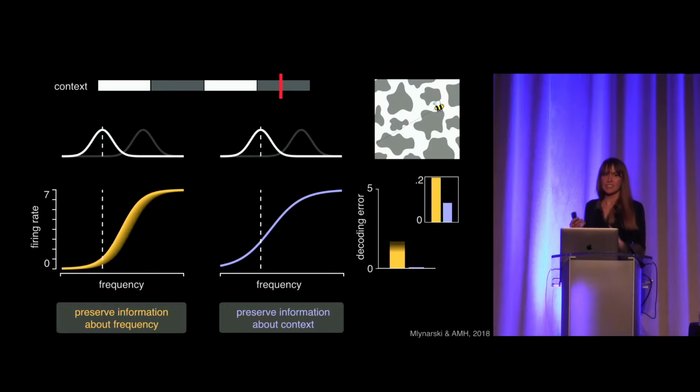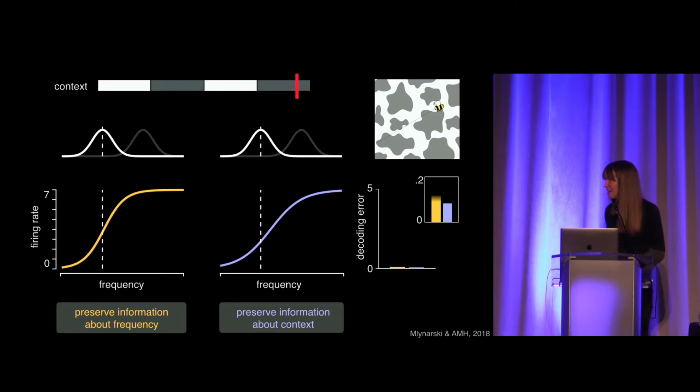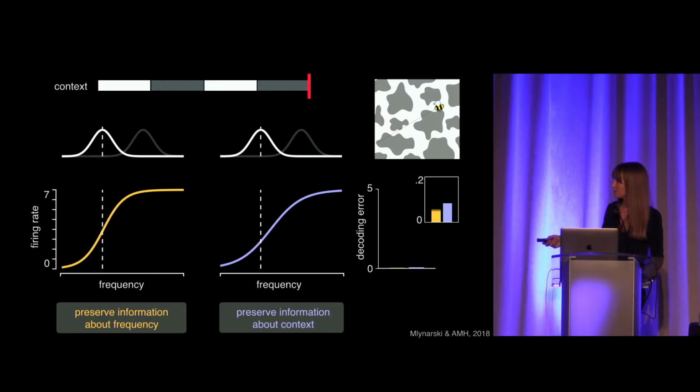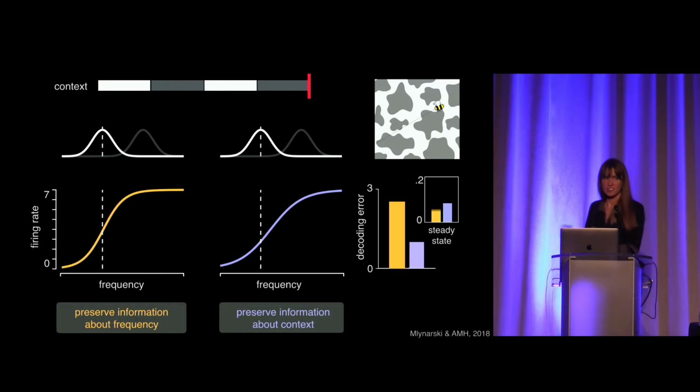So this sort of identifies trade-offs that can arise when we're trying to balance these competing goals of preserving information about things that we care about in the environment and inferring changes in the underlying distributions of those features. And so we can see these trade-offs arising in how well these systems perform in steady state versus in how they dynamically respond to these changes.